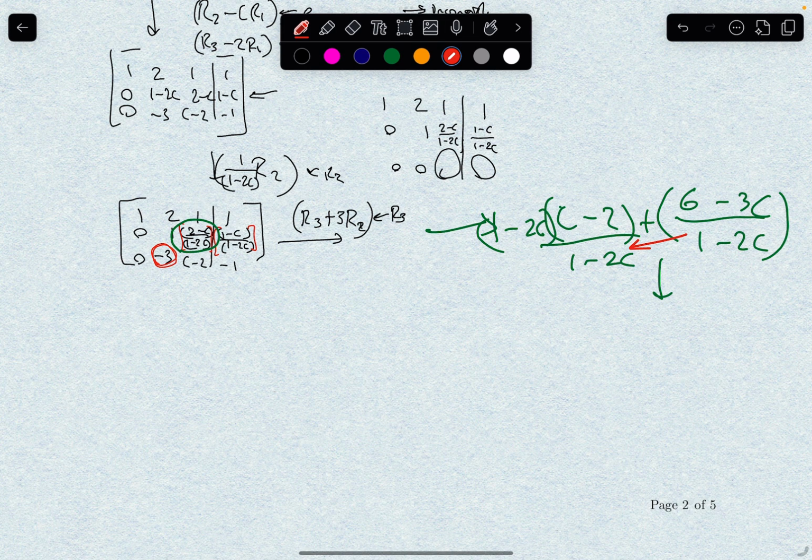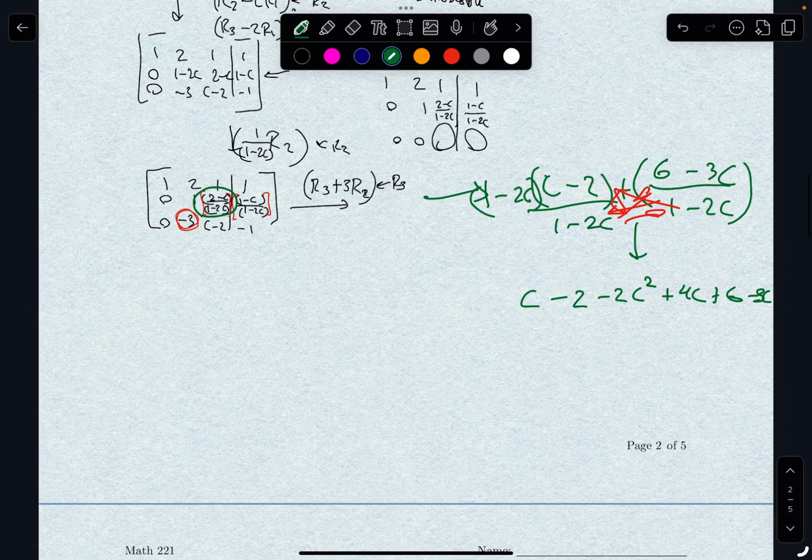I just did this. You should be left with c minus 2 and then minus 2c squared plus 4c plus 6 minus 3c, and that all cancels out to c, this will be 2c minus 2c squared, and this will just be plus 4, over 1 minus 2c.